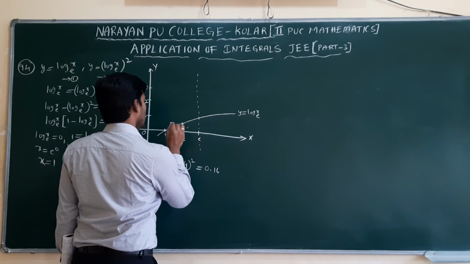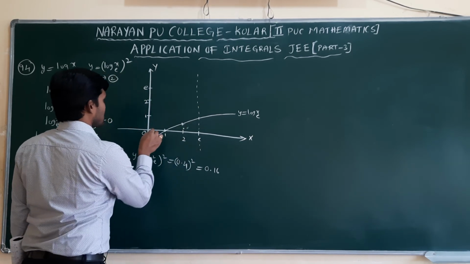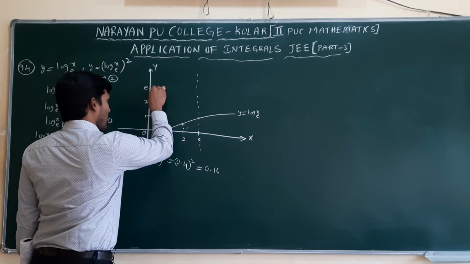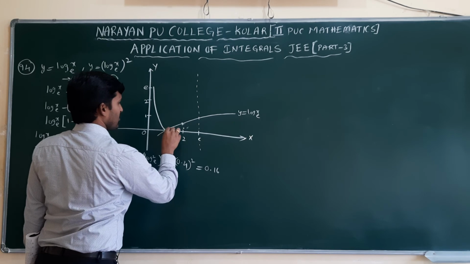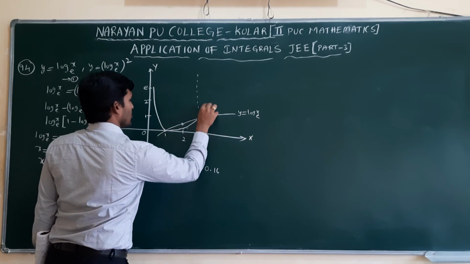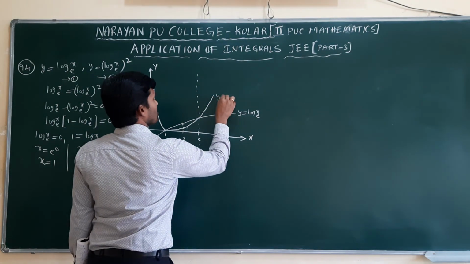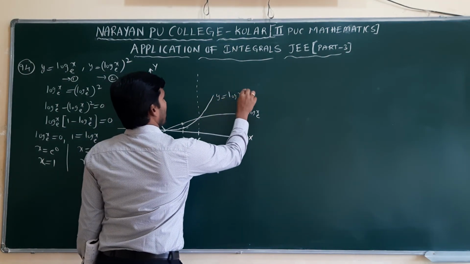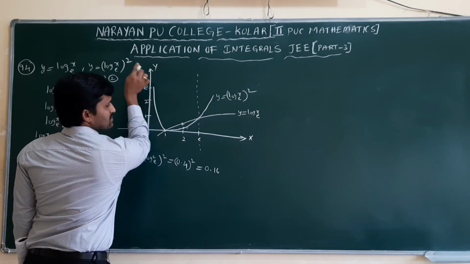This is still a lesser value compared to 0.414, so you will get a curve like this at 2. And if you take a value below this, for example 1 by 2, you will still get a lesser value, but it is not touching the y axis, because x cannot be 0. If you take x in between 0 to 1, these values will exist for y.